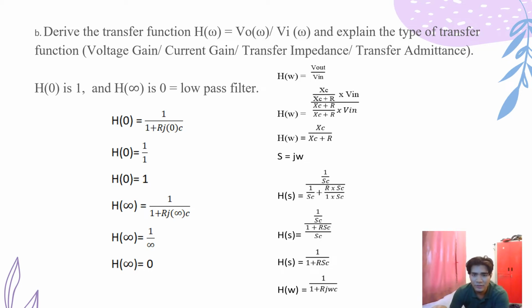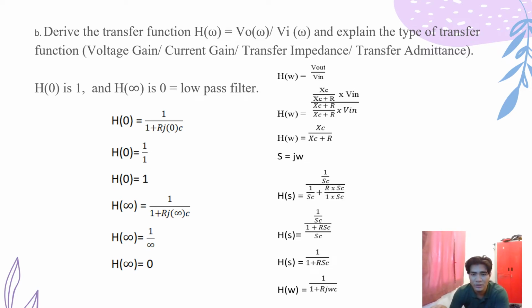We know that the formula for Vout is XC over XC plus R multiplied by Vin. If we simplify the equation, we will get XC over XC plus R. So we know that S equals j omega.